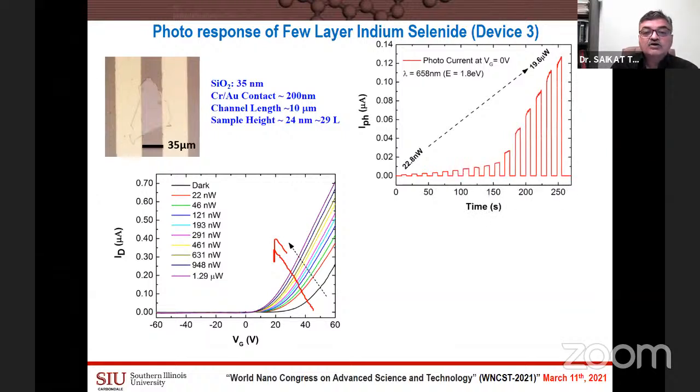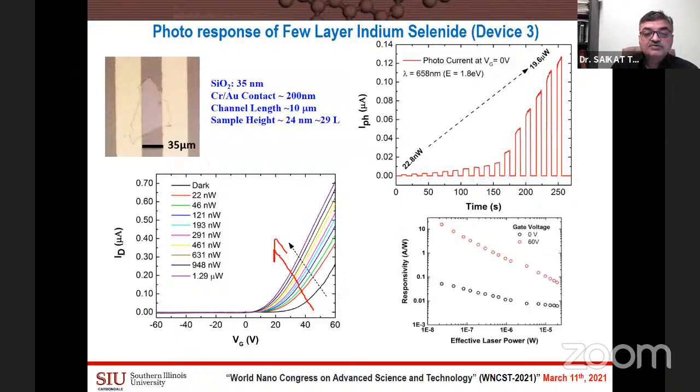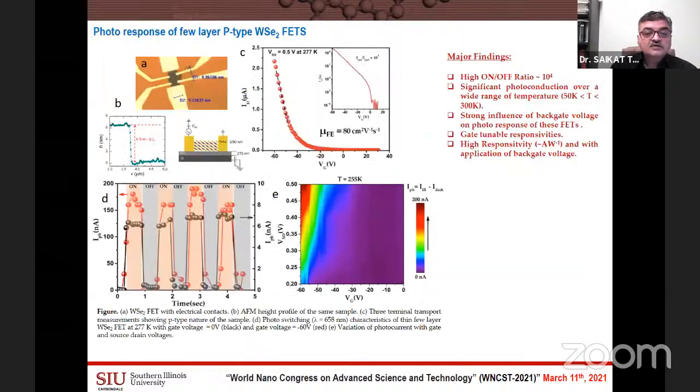This is an on-off cycle, which tells you that the moment you turn the laser on, current goes up. And if you increase the gate voltage, your responsivity, which is a basic parameter of any kind of photodetector, also increases by 2-3 orders of magnitude.